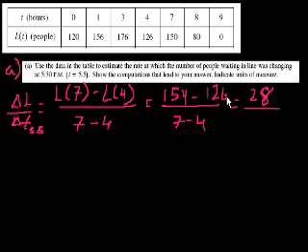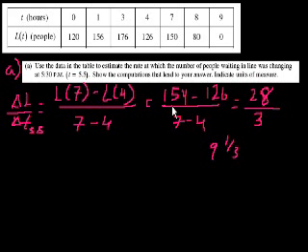If this was 2 less, it would be 30. So it's 28, and 7 minus 4 is 3. So you could say that the average rate of change is 28 over 3, or you could write that as 9 1/3. And they want us to indicate the units of measure.